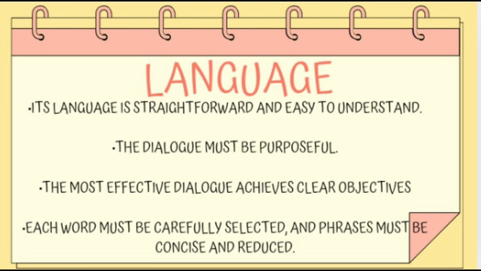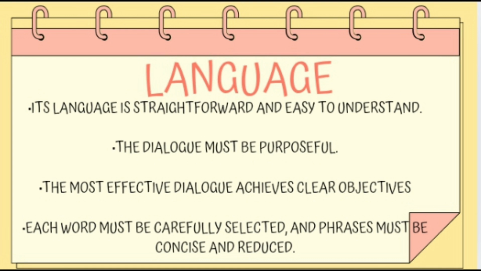So the dialogue, what the character says, should be easy to understand and straightforward, so the audience can follow the story easily. And each line must be purposeful, meaning it should help develop the plot, reveal the character, or express theme.